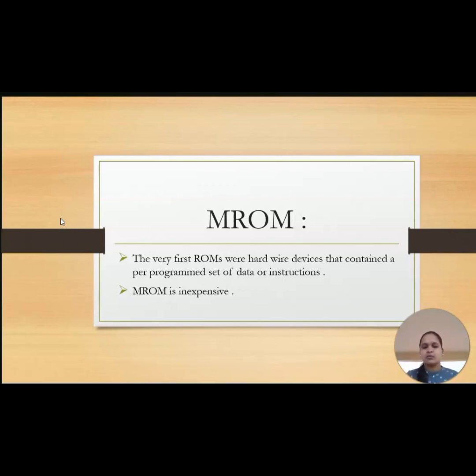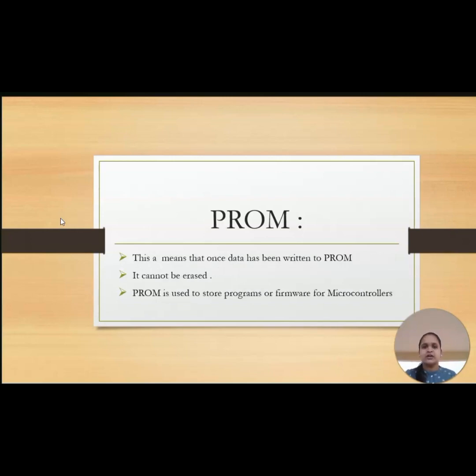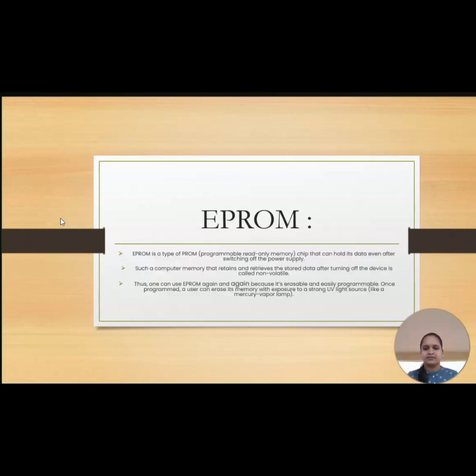The masked ROM is inexpensive. Programmable read-only memory: once data has been written to programmable read-only memory, it cannot be easily erased. It stores some programs, firmware and microcontroller programs.